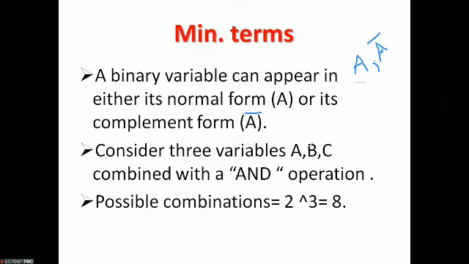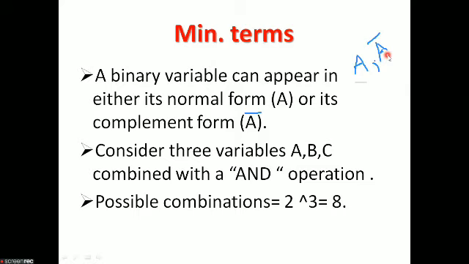Now consider three variables A, B and C that are combined by an AND operation. As I have already told you, a variable, suppose A, can occur in two forms: the normal form A, or its complement form, A bar.